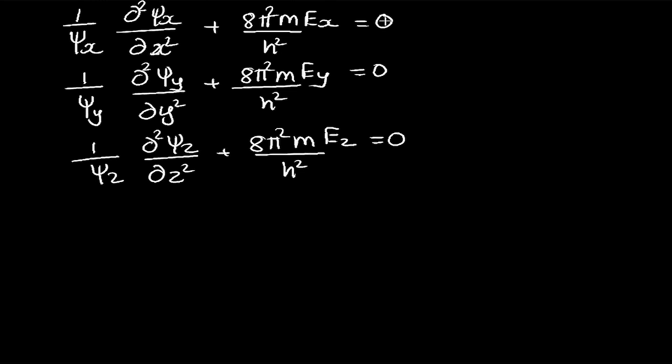So these are the three expressions, and these are independently equal to 0. Now, these equations are the second order differential equation that we have solved for the particle in one dimension box.